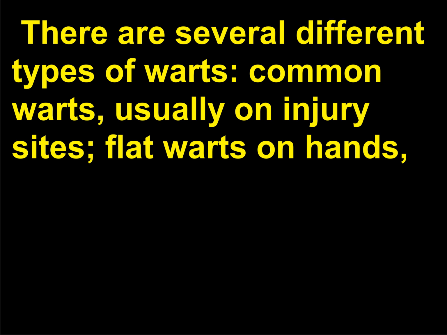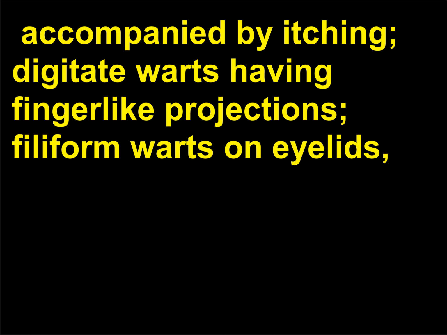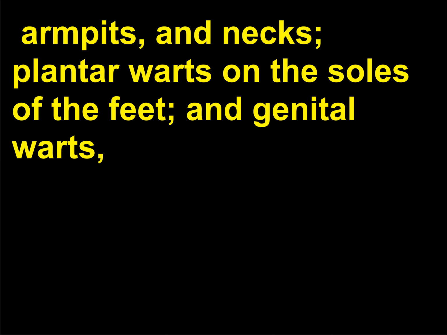There are several different types of warts: common warts, usually on injury sites, flat warts on hands, accompanied by itching, digitate warts having finger-like projections, filiform warts on eyelids, armpits, and necks, plantar warts on the soles of the feet, and genital warts.